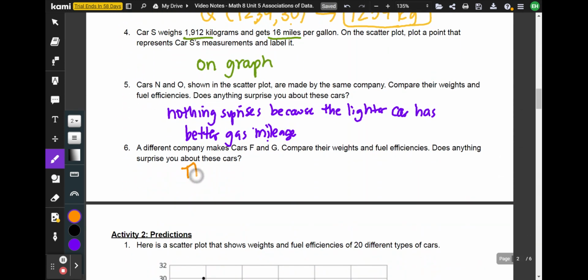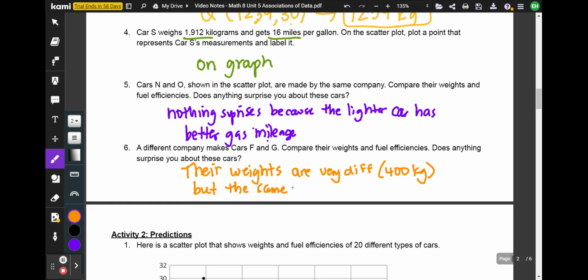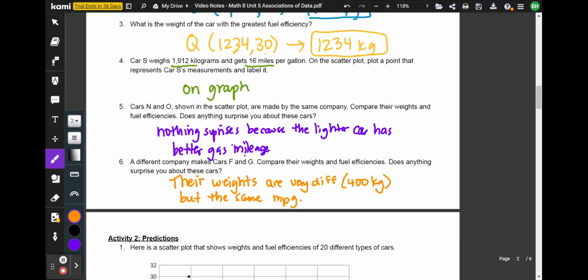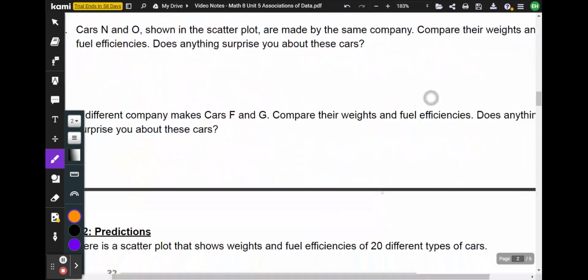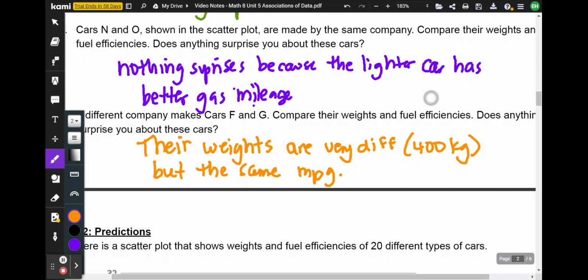Their weights are very different, but they have the same fuel efficiency. They have a 400 kilogram difference, but yet they get the same MPGs. So that's not very good. You don't want a car that's super light, but yet still gets bad gas mileage.